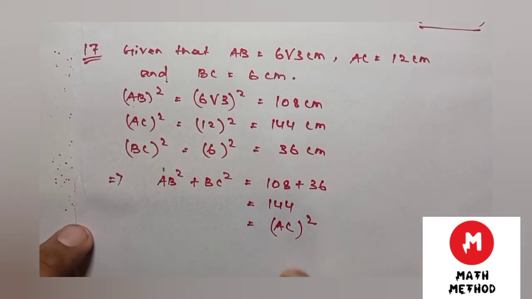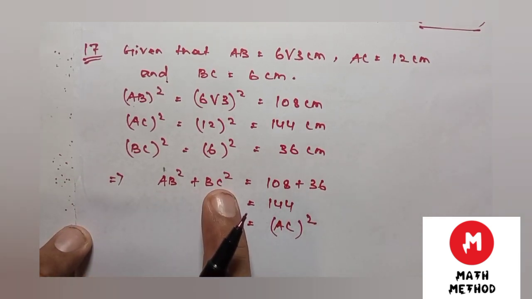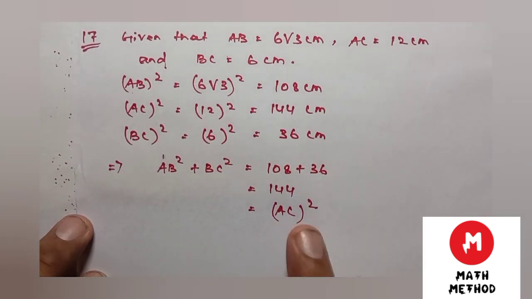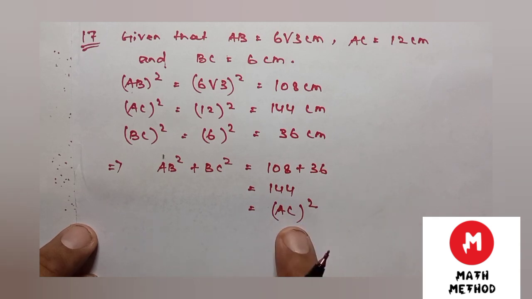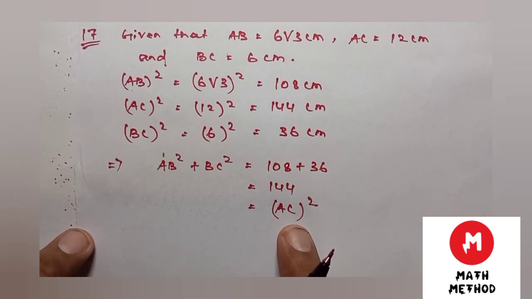So AC square is equal to AB square plus BC square, hence AC is the longest side.